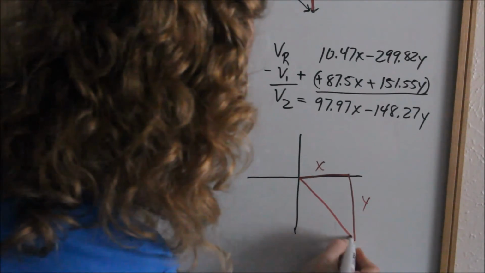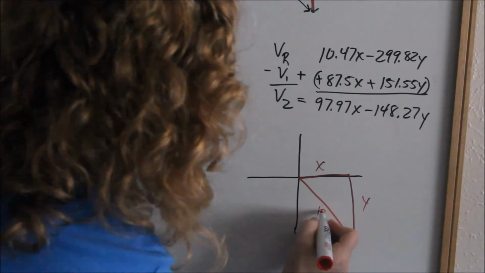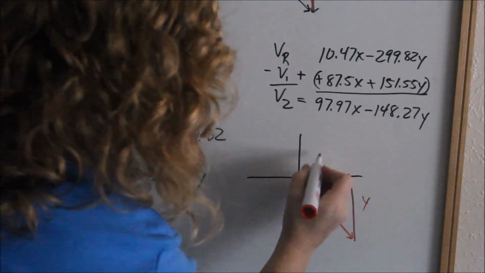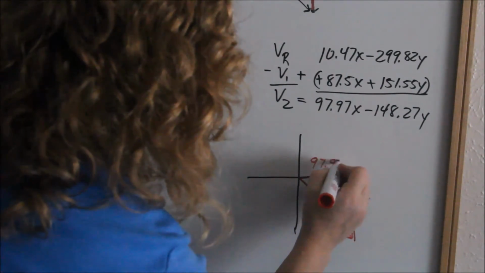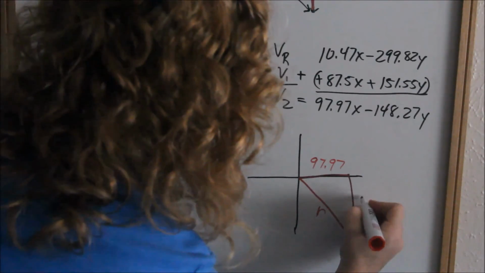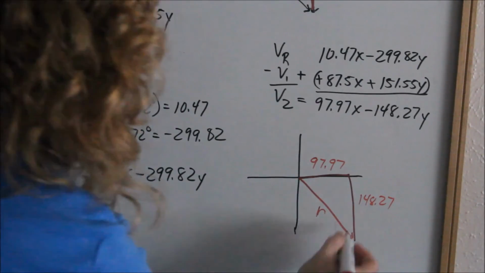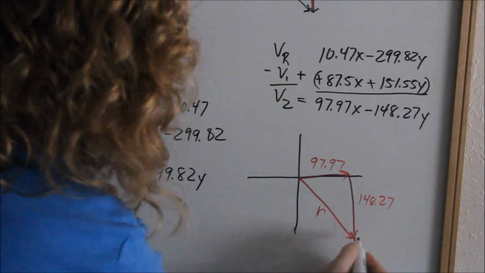So this would be my hypotenuse, my r value that I'm looking for. So this is 97.97. This is 148.27. I went down, so it shows me on there that I went down. I went there and there.